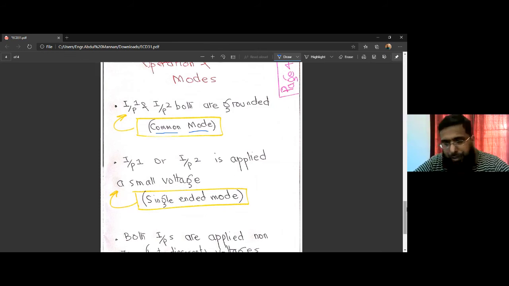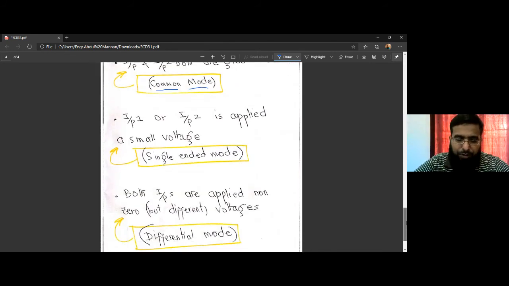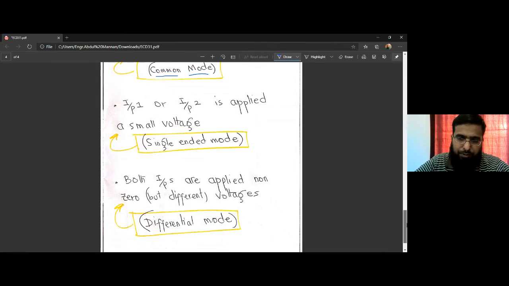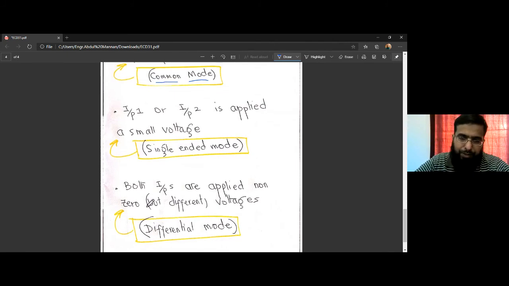So let's move on to the last mode in which we can use this differential amplifier, which is when both inputs are applied non-zero but different voltages. This is actually an extension of the single-ended mode where we have connected one base to ground and the other to a slightly higher voltage.